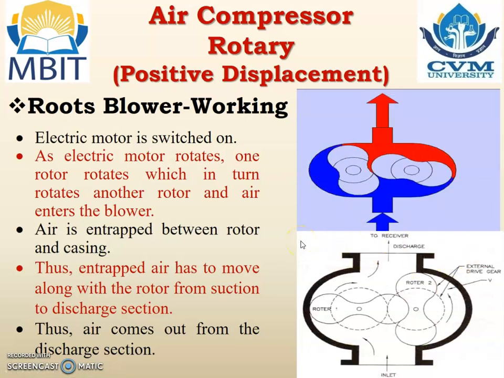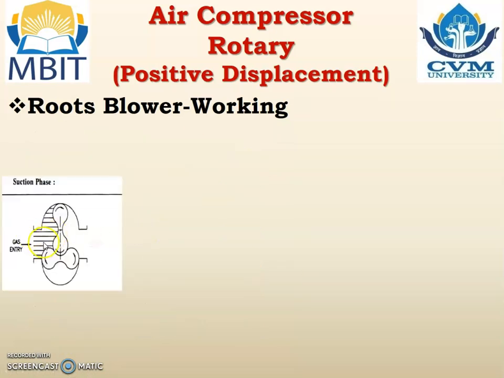So let us see how this air is entrapped and moved from the inlet to outlet section. So this is where gas or air enters. When the rotor rotates, you can see the horizontal line which is indicating the air or gas, how the movement of the air or gas takes place in the second phase.